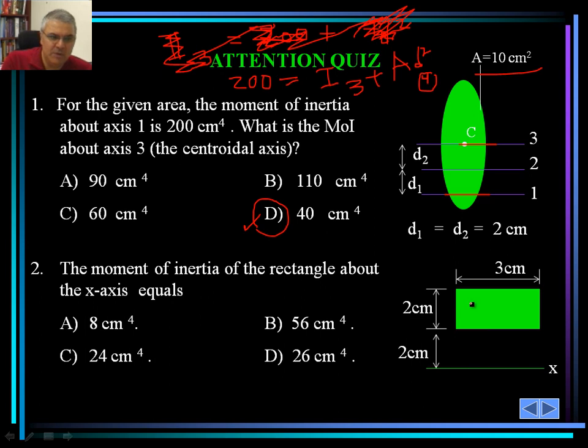For this it is going to be b h cubed, and then we would use that plus A D squared. If you do the calculations, the answer is going to be 56 units.